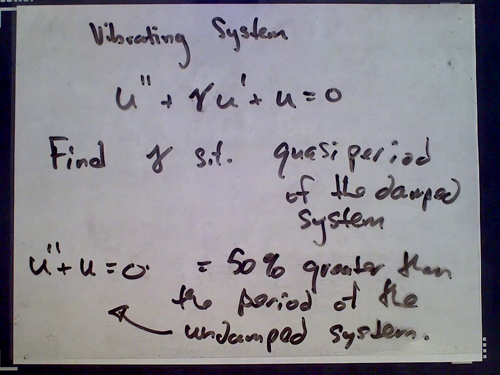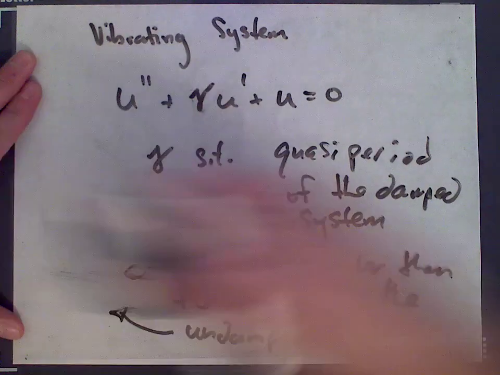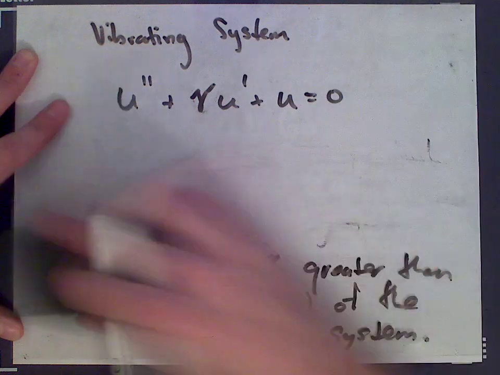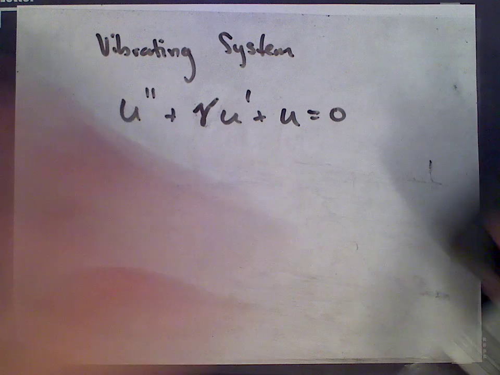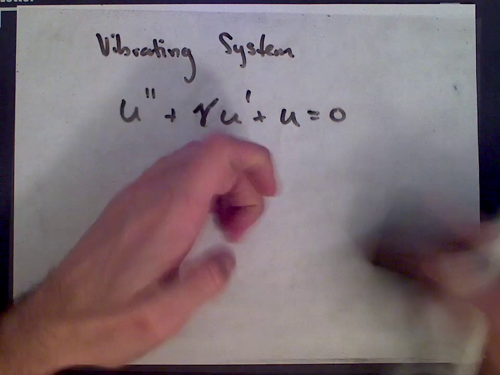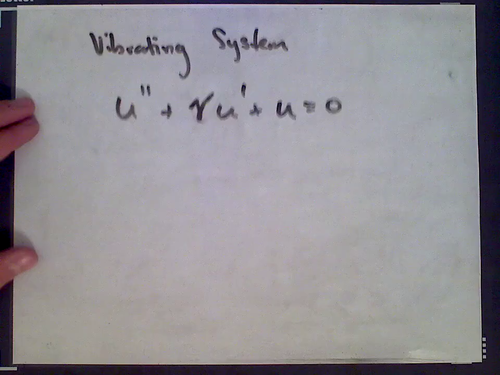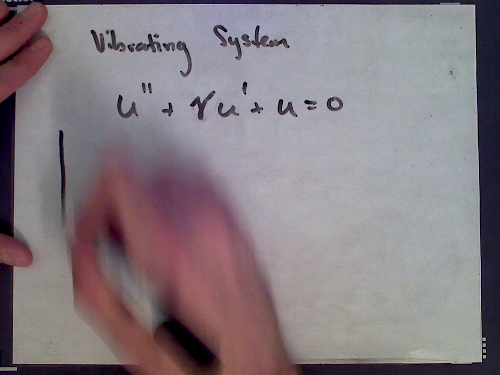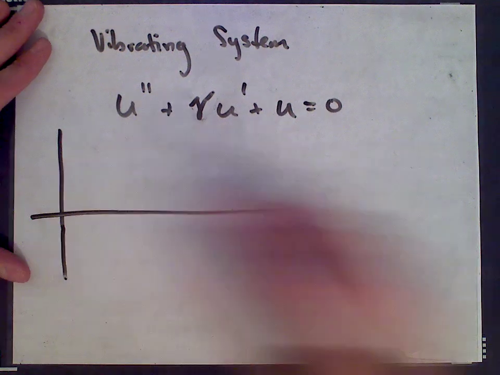So let me remind you what the quasi-period is. Remember, the period of an oscillating system is the time it takes for a periodic function to go through one cycle. For a damped system, we don't have quite periodic behavior, but something sort of close.